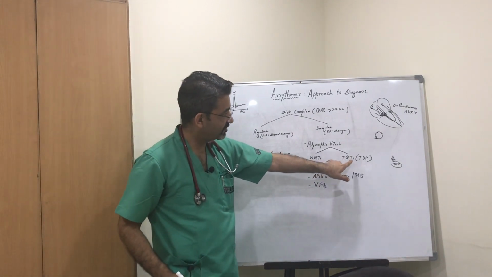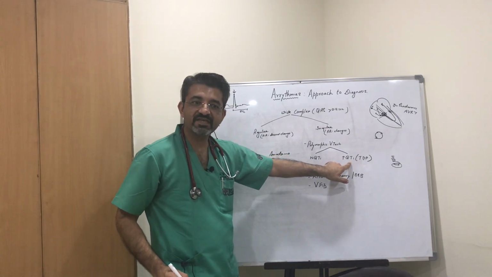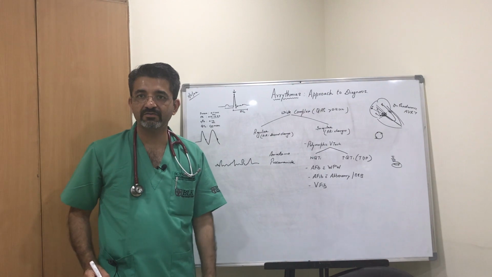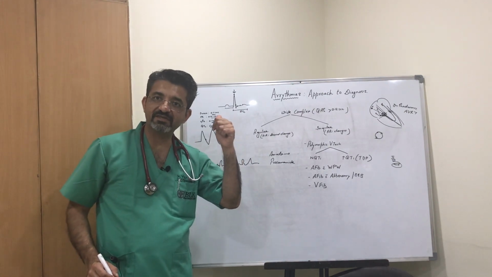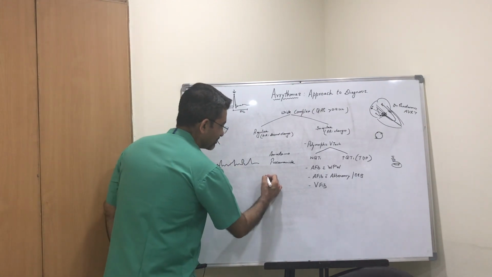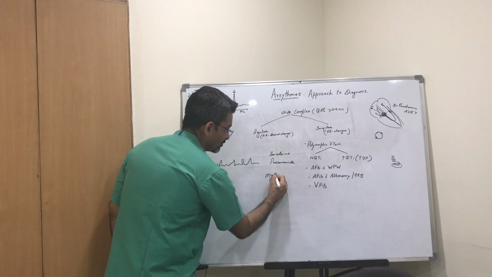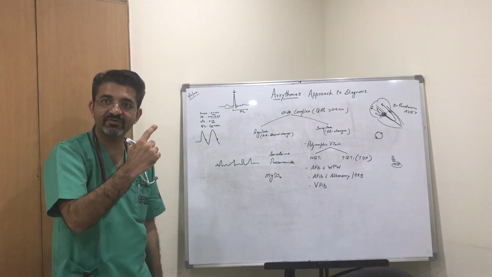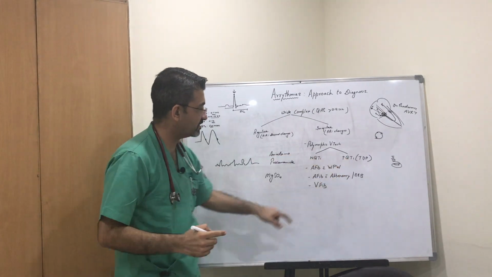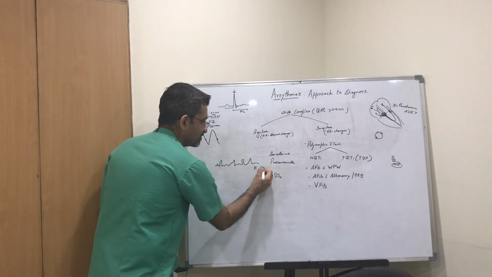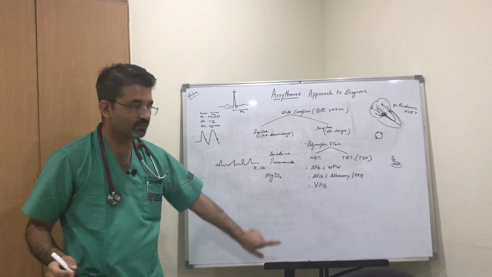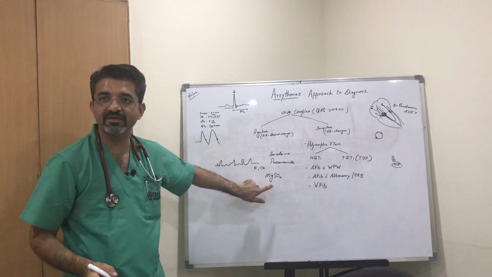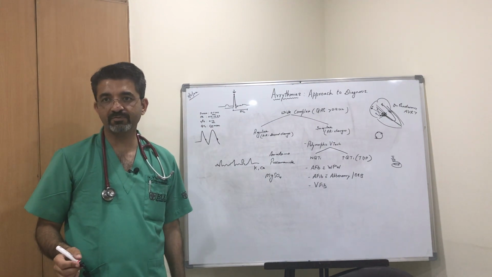Suppose you have a polymorphic VTAC with prolonged QT interval. How do you treat? We discussed in the last lecture. We give magnesium. It's an early EAD which is causing this. EAD, you have potassium, calcium, magnesium deficiency. You stat give magnesium sulfate. That's the protocol.